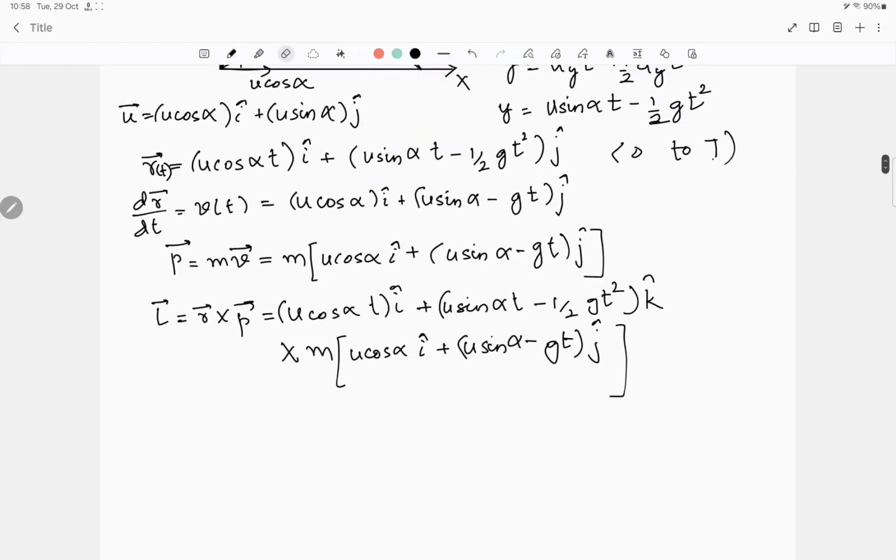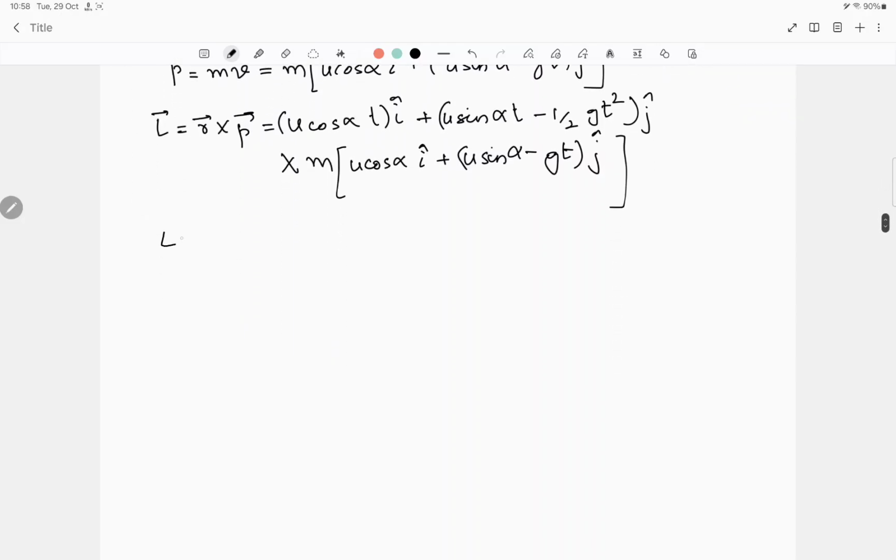Oh, I stand corrected here, this is not k cap, this is j cap. Solve this by just taking the determinant.